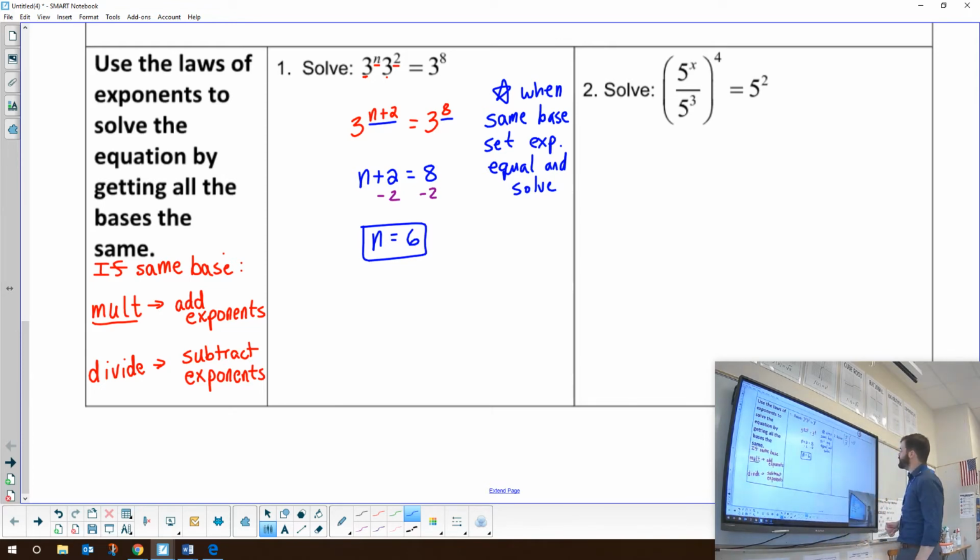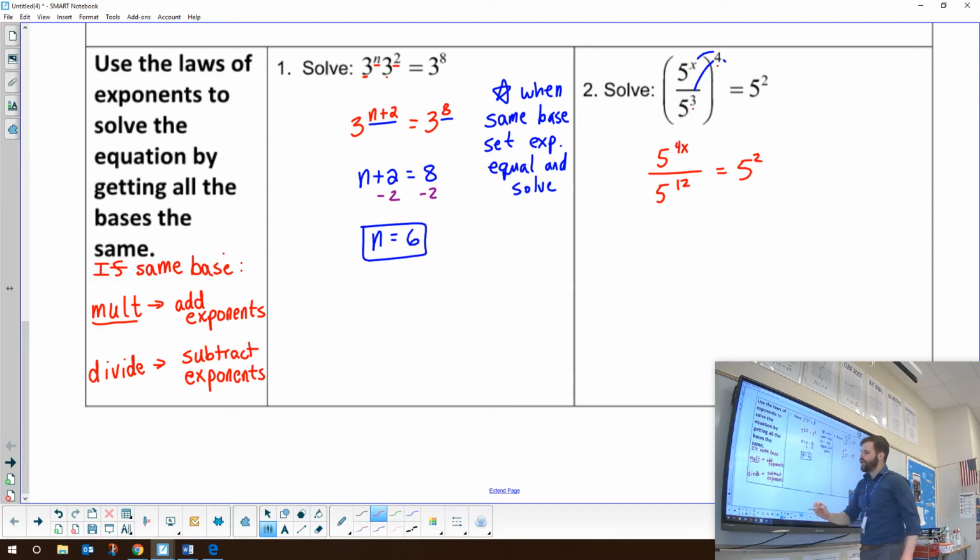So number 2 here, similar type equation, except we are just simplifying by dividing and raising to a power. So remember, when you have a power stacked on a power, we multiply. I'm going to distribute this little 4 to both of these, and we're going to get 5 to the 4x over 5 to the 3 times 4, which is 12, equals 5 squared.